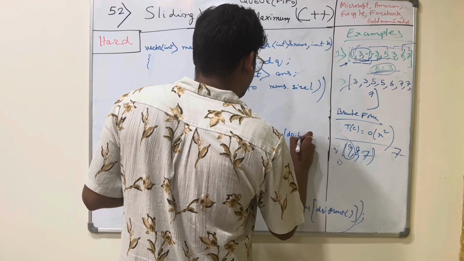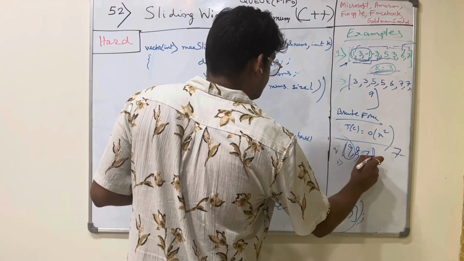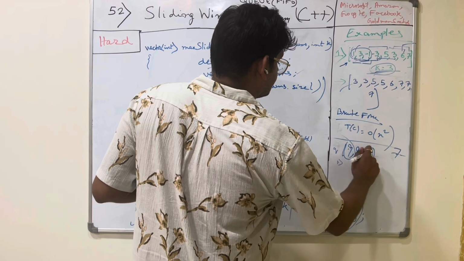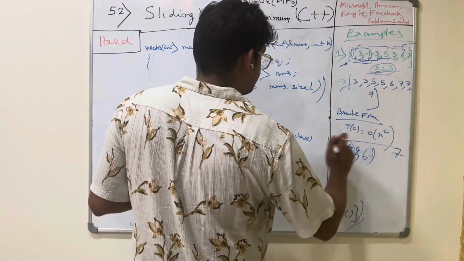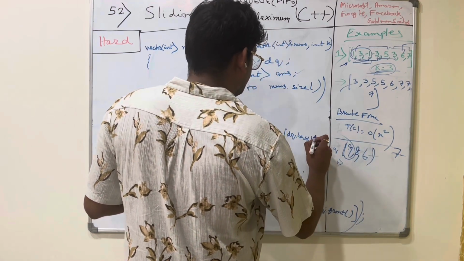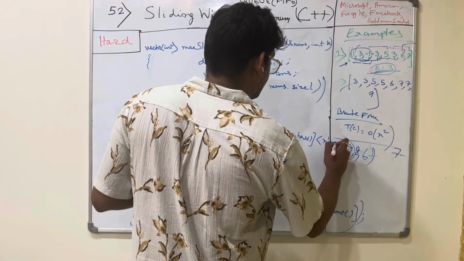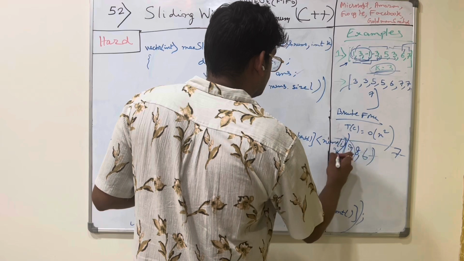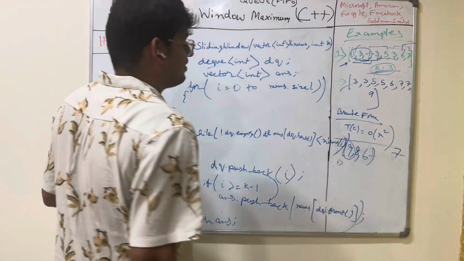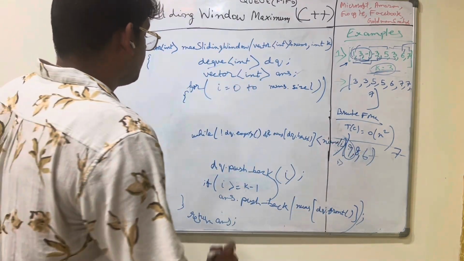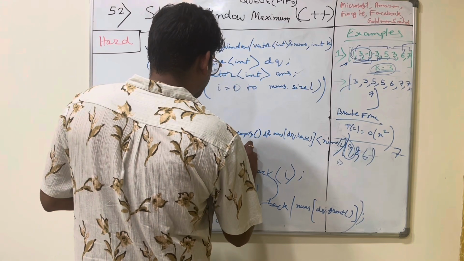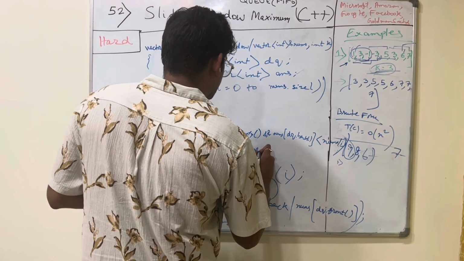DQ dot back, so say 9, 8, 6 is there, and 7 comes. So if DQ dot back is less than nums[i], what do we do? DQ dot pop back, we will pop it out.